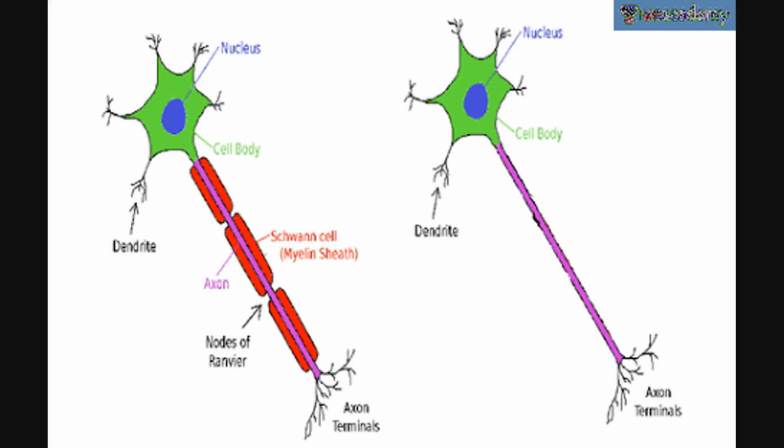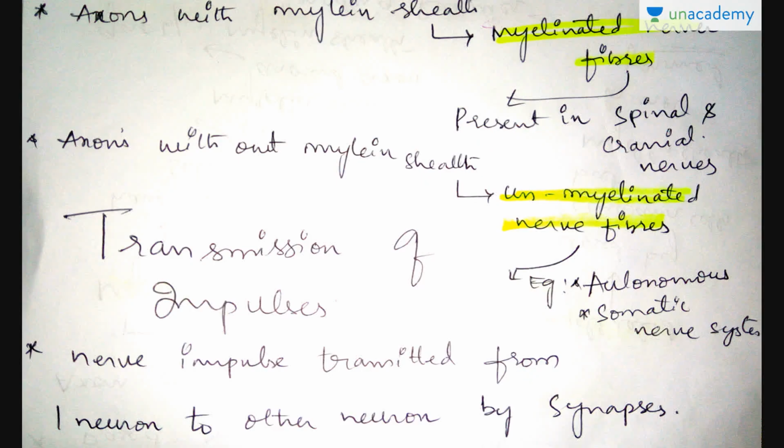In this diagram, we can see the difference between myelinated and non-myelinated axons. Myelinated nerve fibers are present in the spinal cord and cranial nerves, and unmyelinated nerve fibers are seen in the autonomic and somatic neural systems.